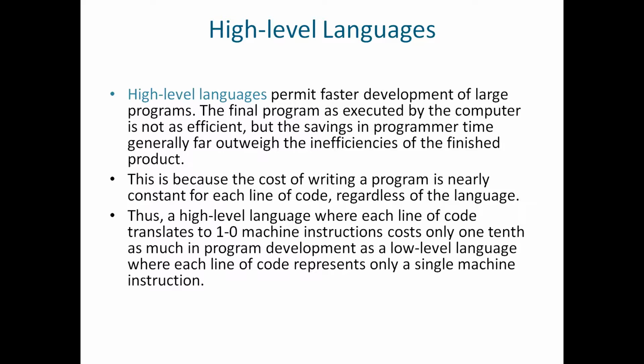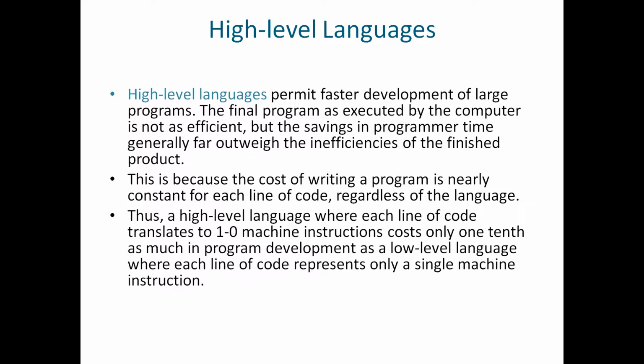This is basically just an idea that high-level languages are easier for users. They are efficient for the user, but not for the computer, as the computer, for understanding purposes, has to convert it into machine language.